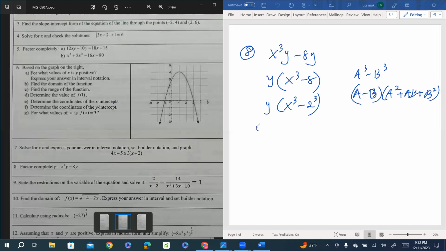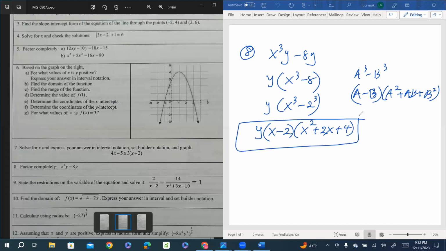So we get y times (x minus 2) times (x squared plus 2x plus 2 squared, which is 4). And that's the answer.